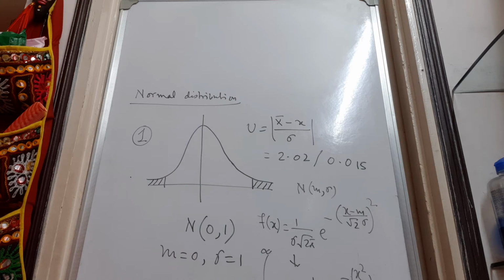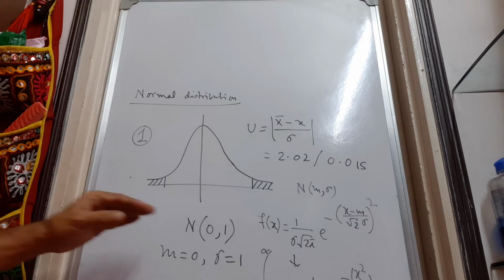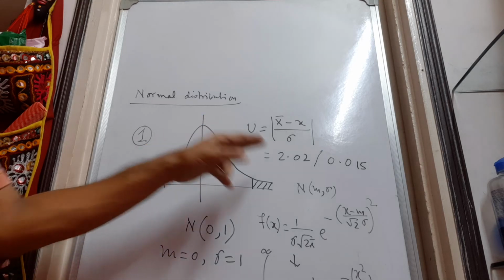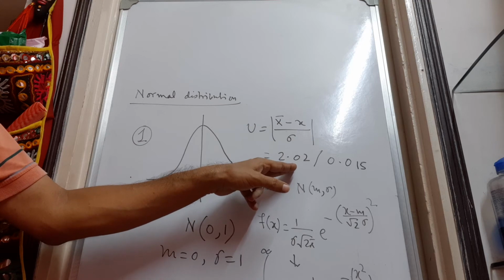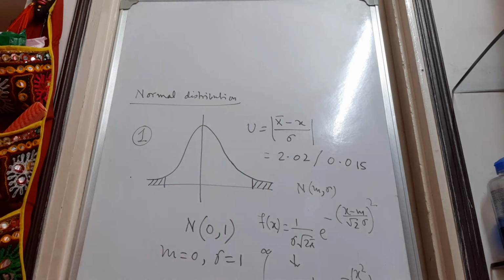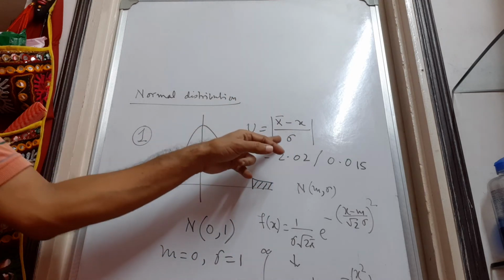And how to look for the values in the table, let me illustrate. In case of this normal distribution area, I hope you understand the area corresponding to the value of this u, how much dispersed is x from x bar upon sigma.